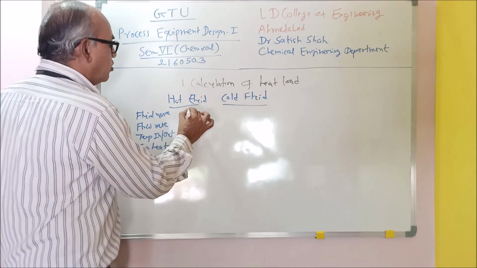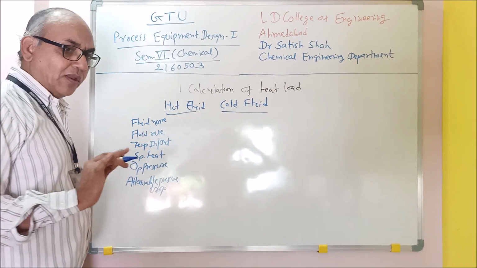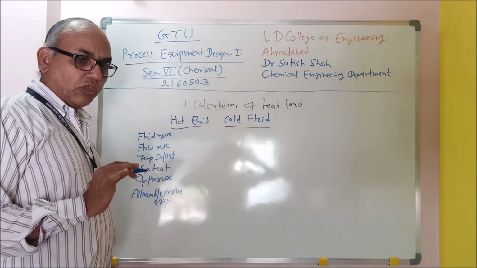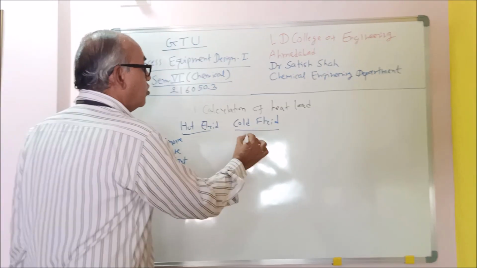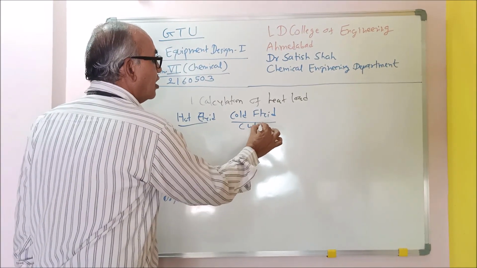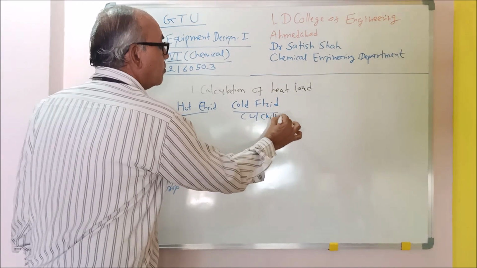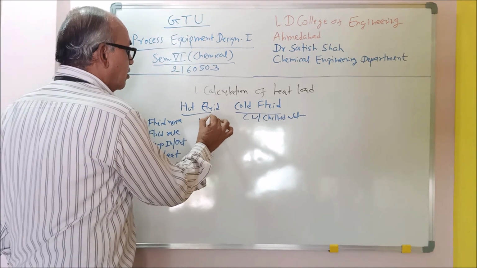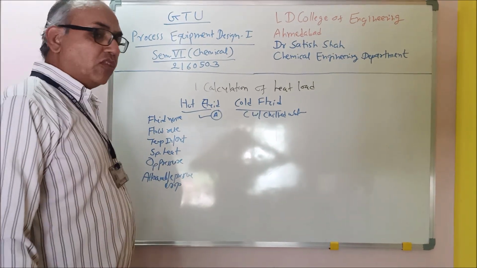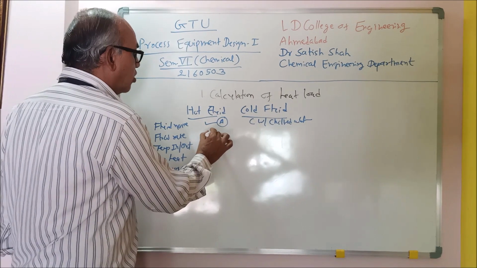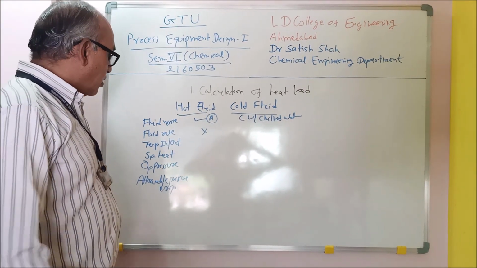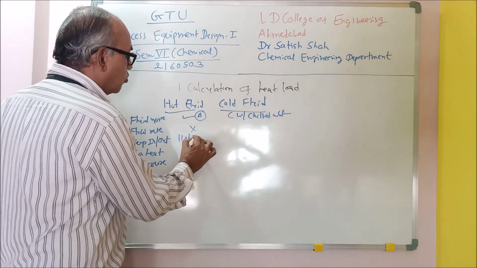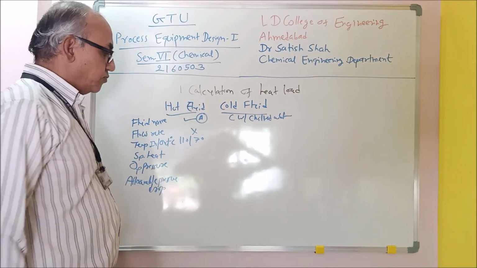So suppose I have the fluid name, that is hot and cold fluid is available to us. Suppose in my case I want to cool the process hot fluid. So my cold fluid utility will be either cooling water or it will be chilled water. So now I know the fluid is, suppose, A. That is my fluid. Let us have the flow rate of this fluid as X. I know the temperature I want to cool from, say, 110 to 70 degrees Celsius.